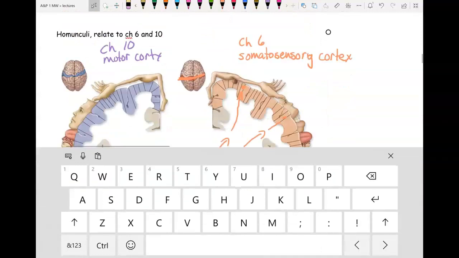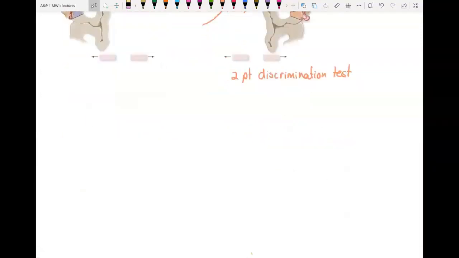So the somatosensory cortex has a map of the body. And this is how you know which part of your body was touched.